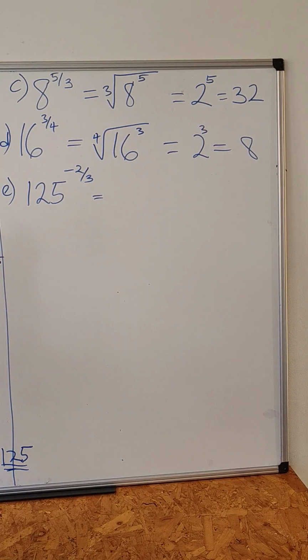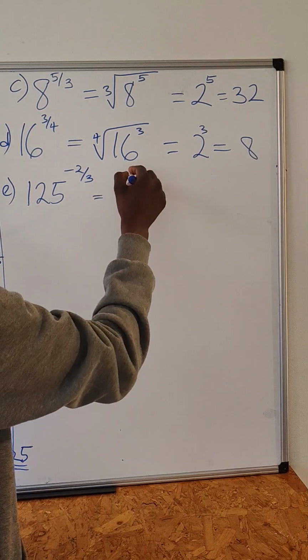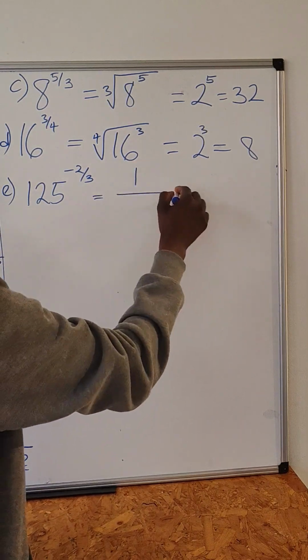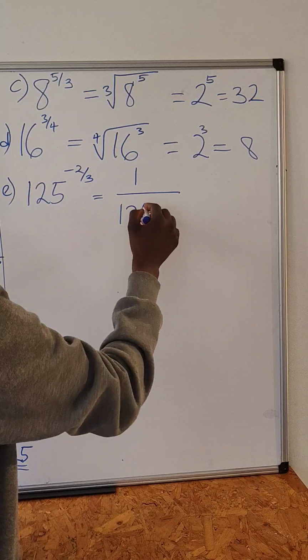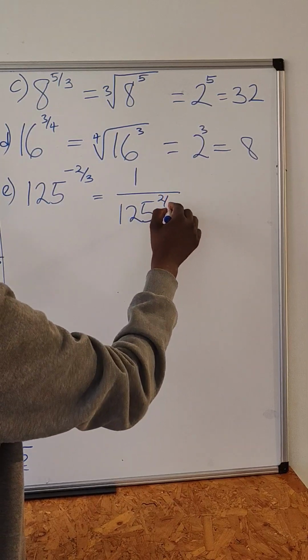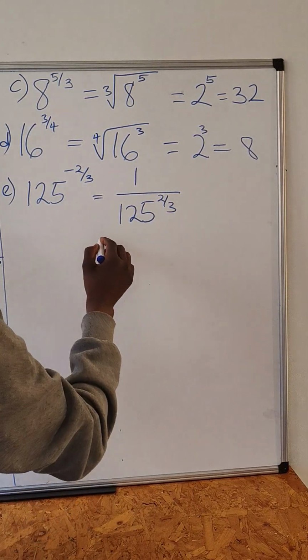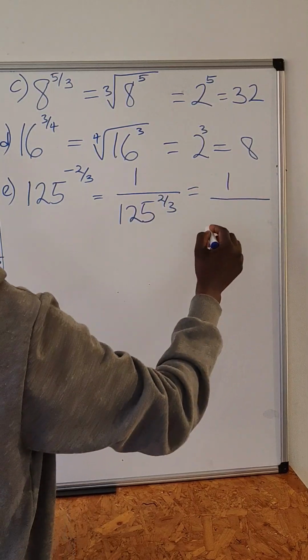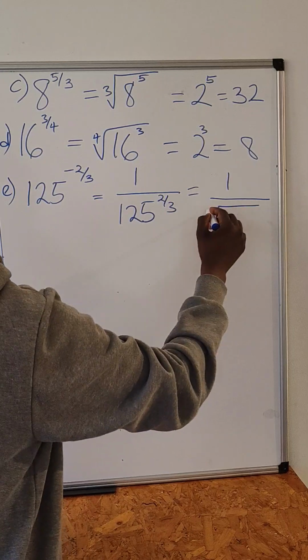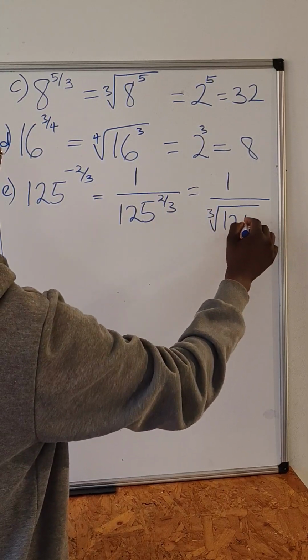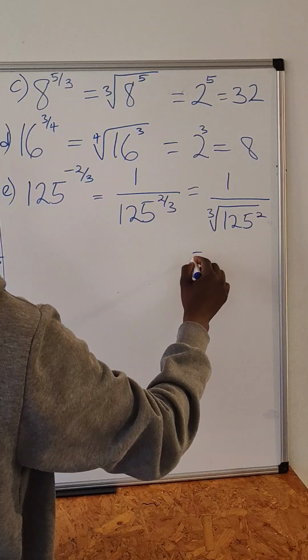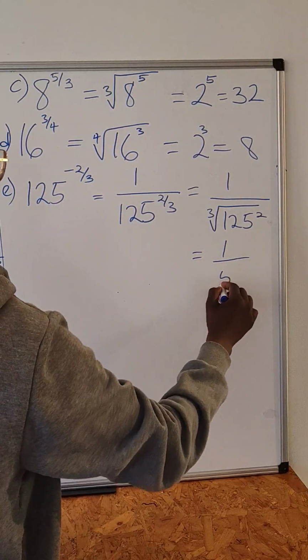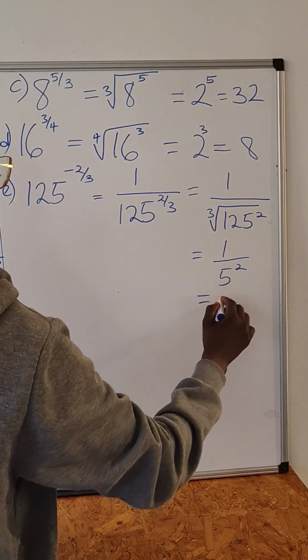But let's first employ the negative power law, which will make this 1 divided by 125 raised to power 2 over 3, which is equal to 1 divided by the cube root of 125 raised to power 2. The cube root of 125 is 5, and 5 raised to power 2 gives 1 over 25.